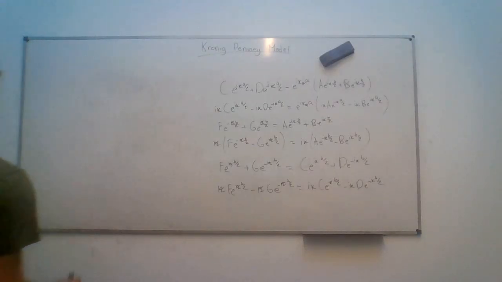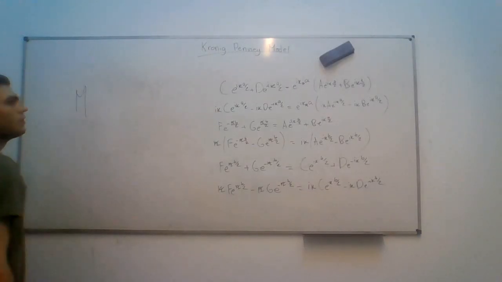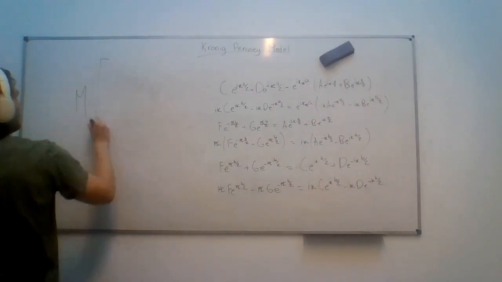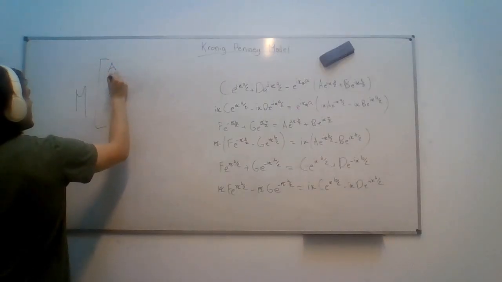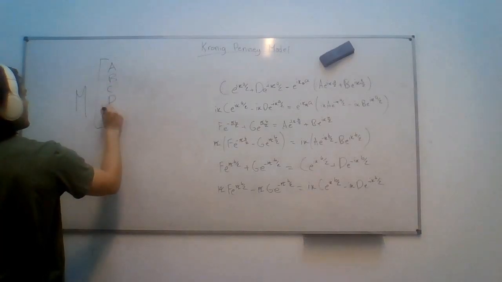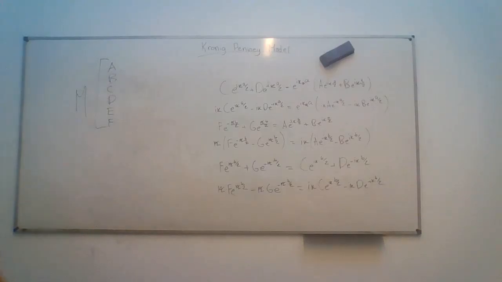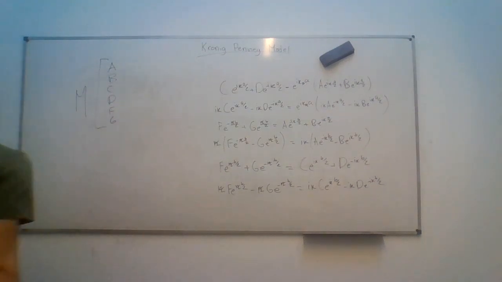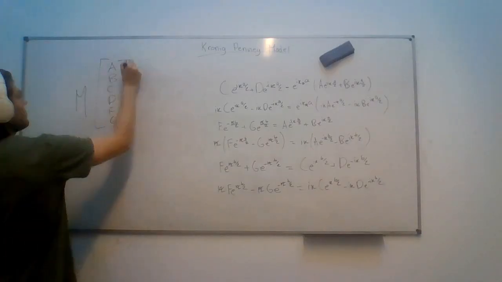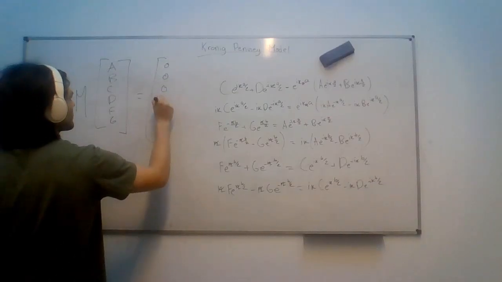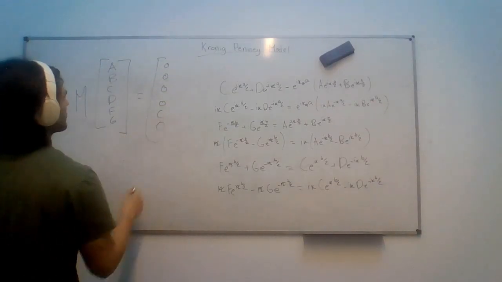So we can write this as some matrix of all of these equations multiplied by our column vector A, B, C, D, F, G. And we know that this will give us out these.